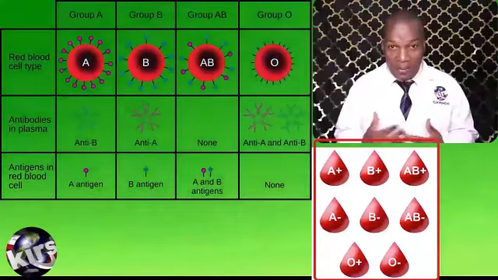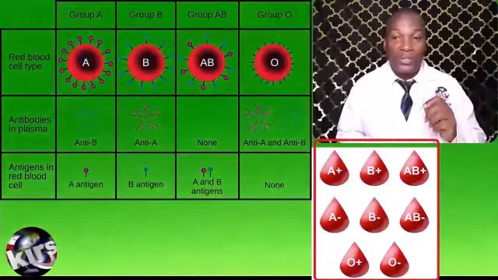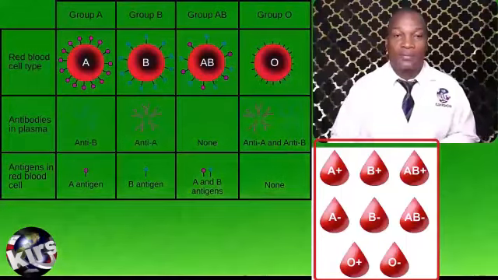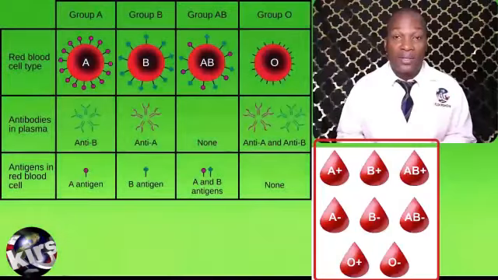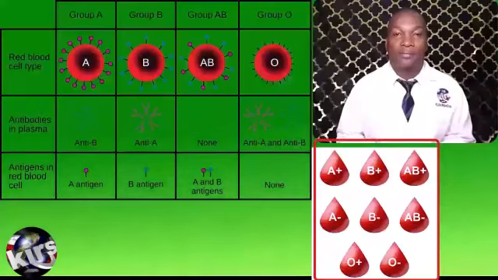If your blood cells have this protein, you are considered rhesus positive. And if your blood cells lack this protein, you are considered rhesus negative.